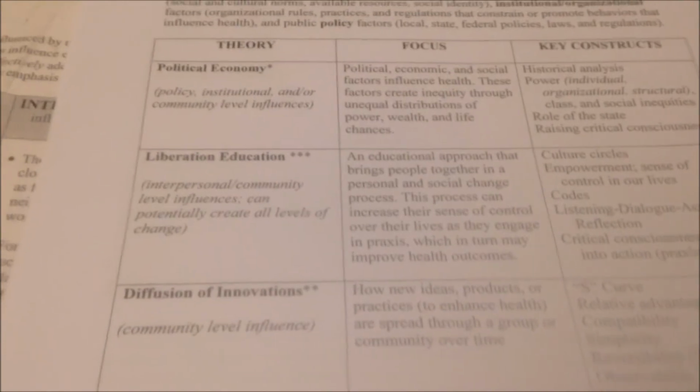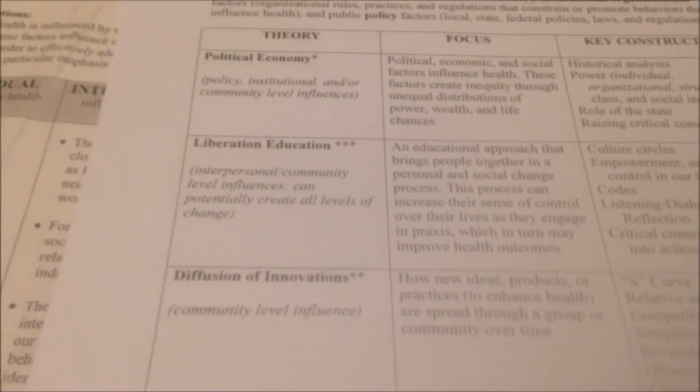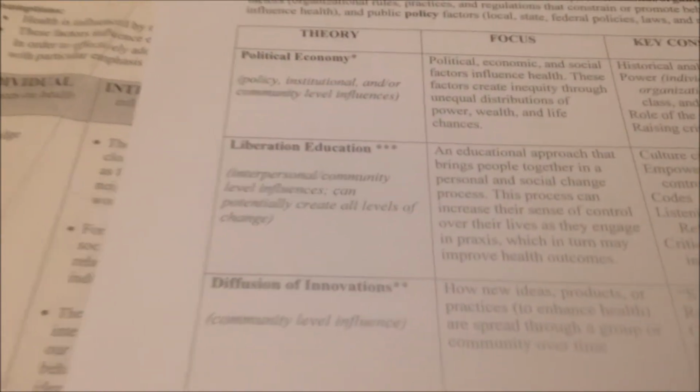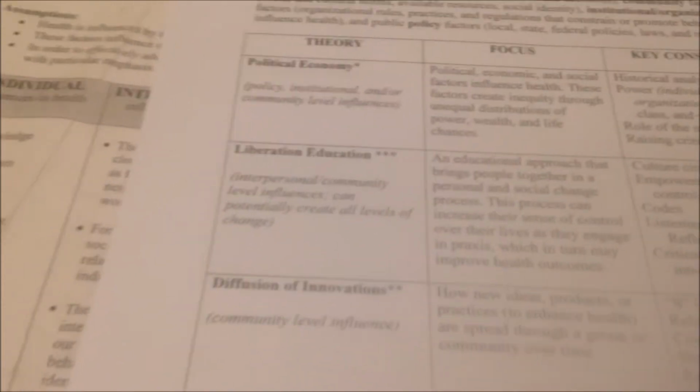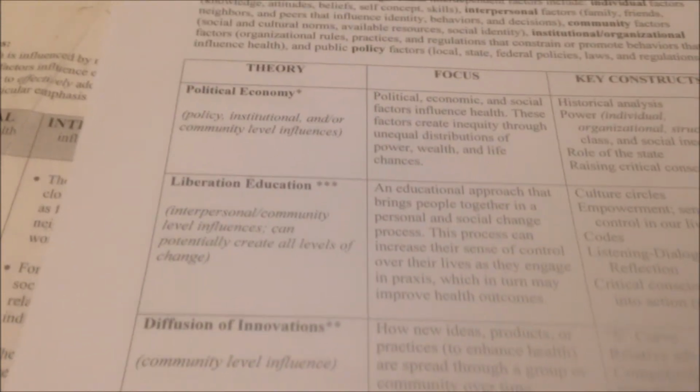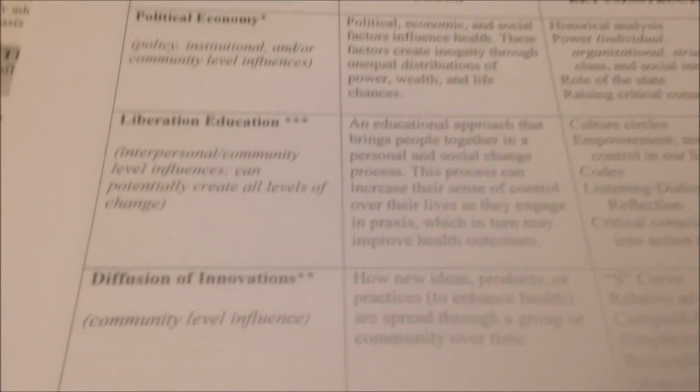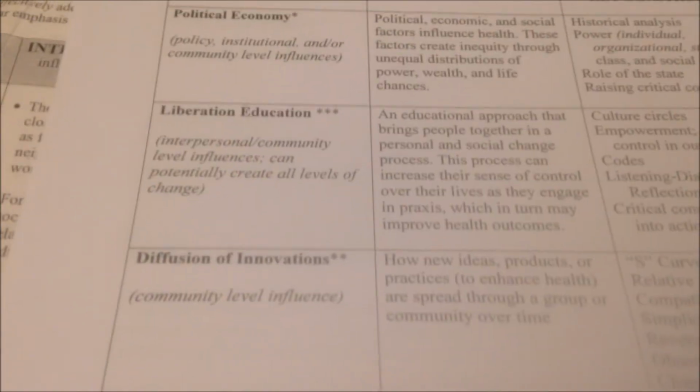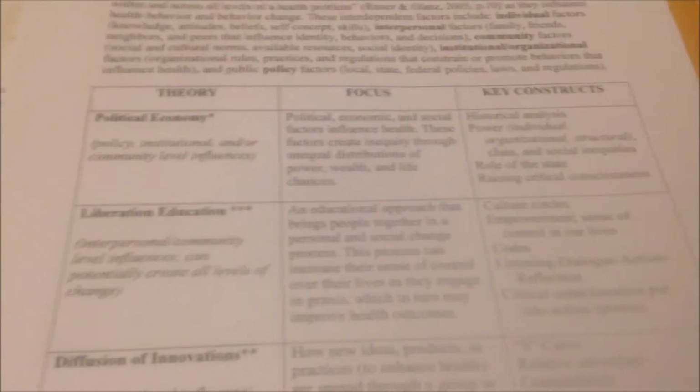And so that was very difficult as well, because like I said, the 20-page paper and writing all the constructs of each theory and going through the ecological model on different aspects was very, very long.